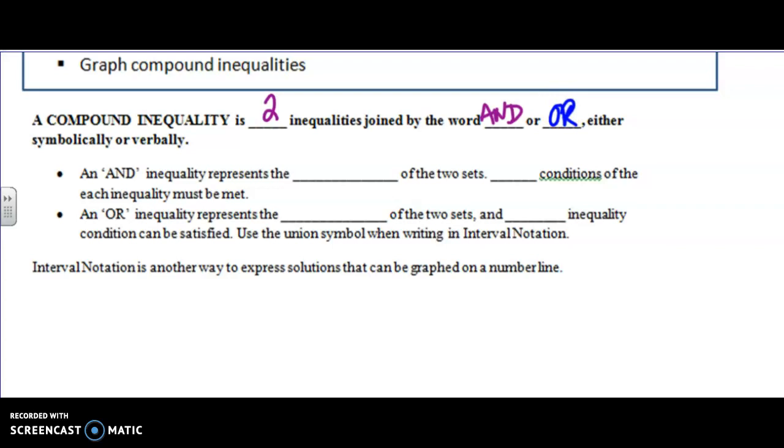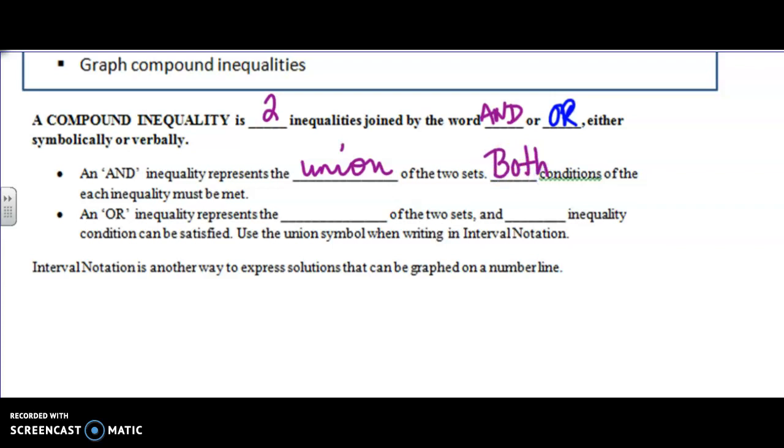In symbols, we can't really show it's an or. So you will always see the word or if it's an or problem. And is a toss-up. An and inequality represents what we call the union. Basically, it's like a marriage of two sets. Two sets have to join together in a way that both of their conditions are satisfied.